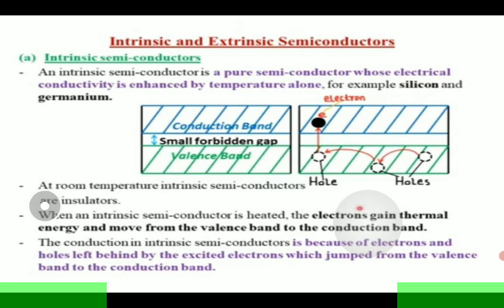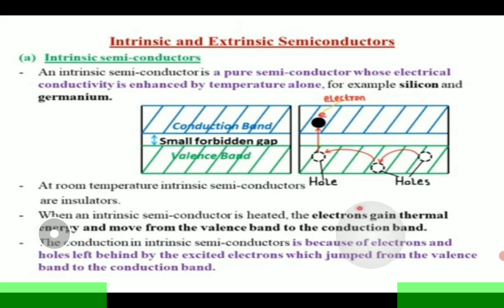In other words, they behave like insulators. It is only when the material is heated that electrons will gain thermal energy or heat energy, which translates into gain in kinetic energy, which is the energy of movement. This will cause them to move from the valence band through the small forbidden gap to the conduction band.